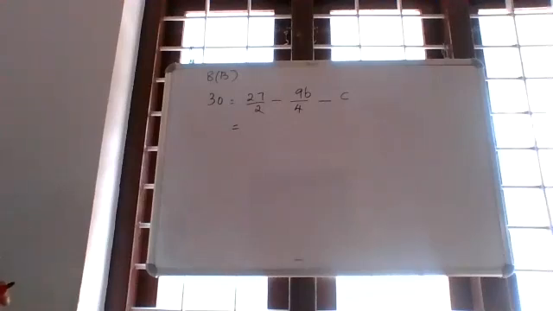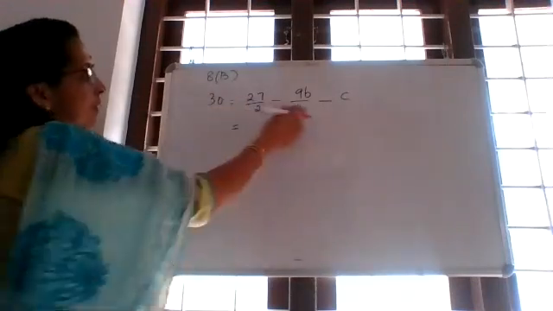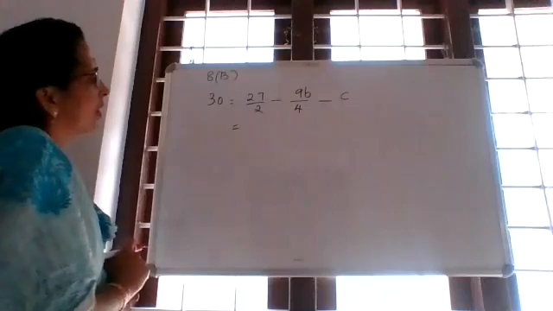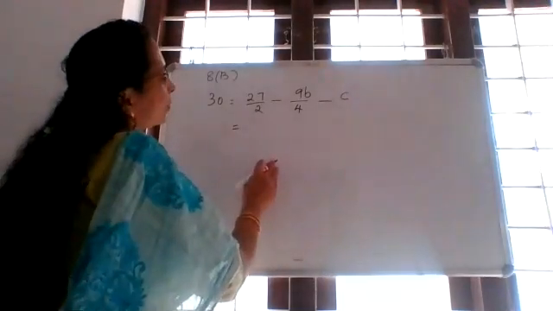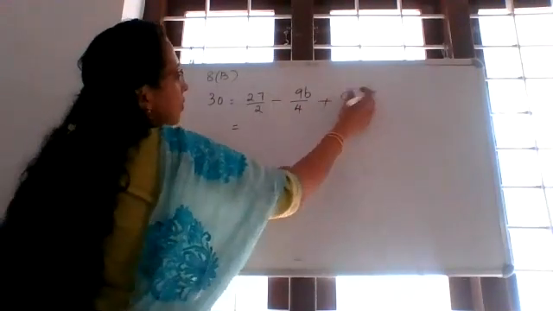Then LCM. After 9b/4, 3/2 is there, minus c.